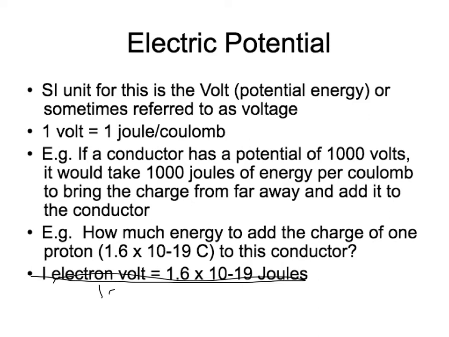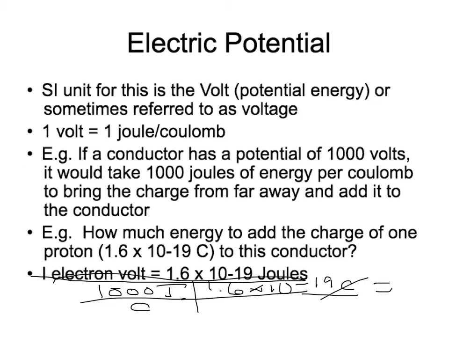Well, if I have 1,000 joules per coulomb, and I have 1.6 times 10 to the negative 19 coulombs of charge, then when we multiply that, it'd be 1.6 times 10 to the negative 16 joules of energy that's going to be required. And we're not talking about a lot of charge here. Just remember what a coulomb is made up of, electron-wise.